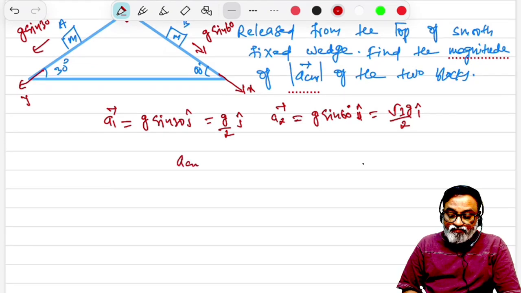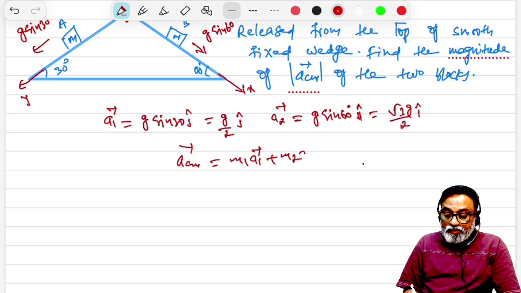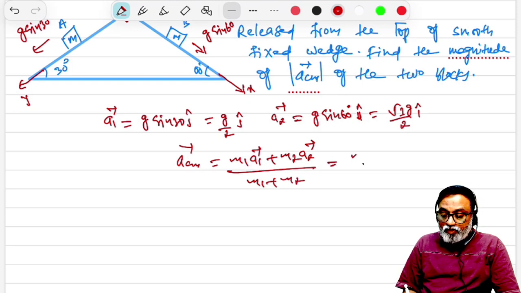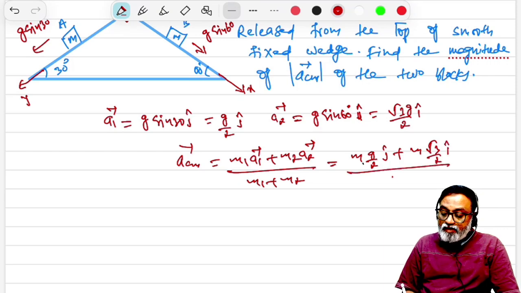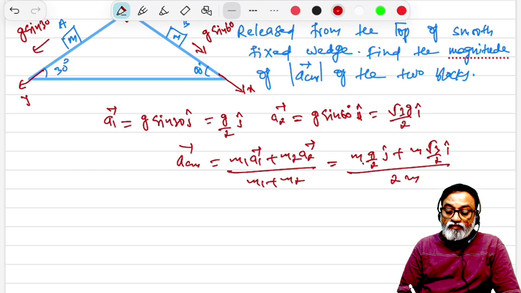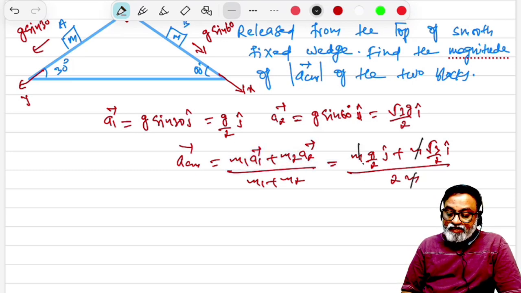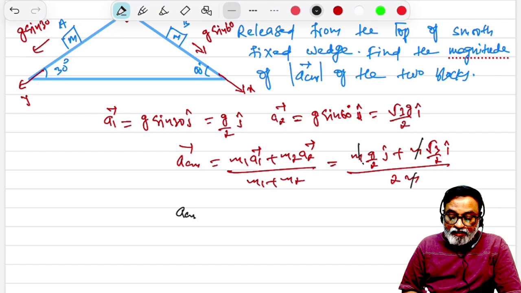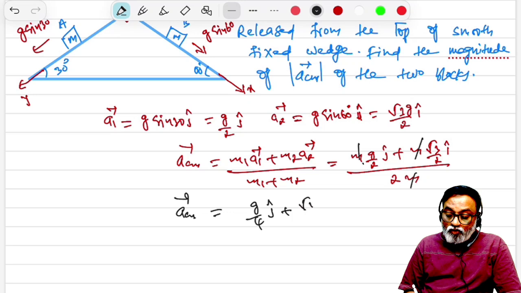Then acceleration of center of mass ACM bar is equal to m1 a1 bar plus m2 a2 bar by m1 plus m2. Here both have the same mass m. A1 bar is g by 2 j cap, and A2 bar is m into root 3 by 2 i cap, by total mass m plus m, 2m. Therefore, this m gets cancelled. Therefore, ACM bar is equal to g by 4 j cap plus root 3 g by 4 i cap.